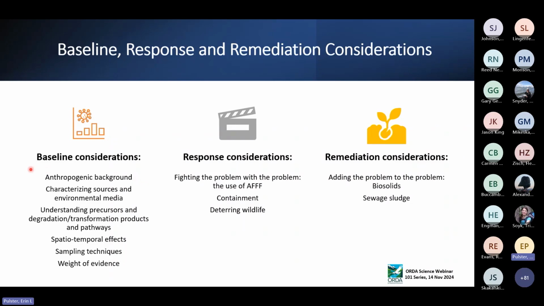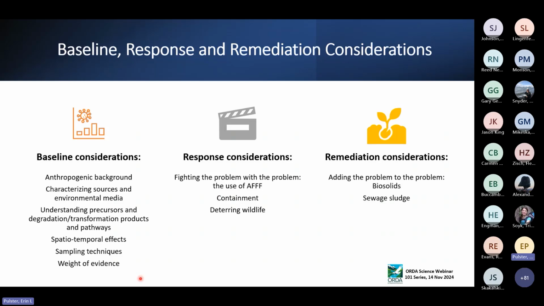So understanding that anthropogenic background is important, because even though there may not be a source close by, we have to consider atmospheric deposition that can add to this. Also characterizing the sources and environmental media is going to help, once you get all your data back, determine what the source is, or understand what the effects and the levels are.